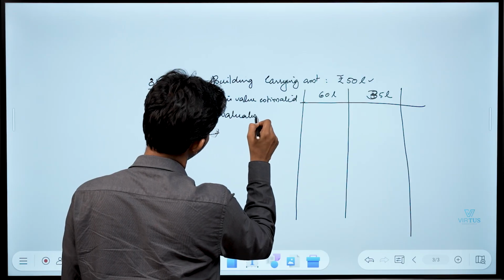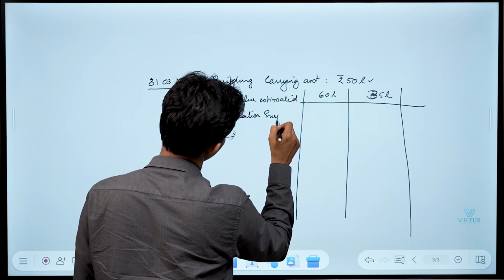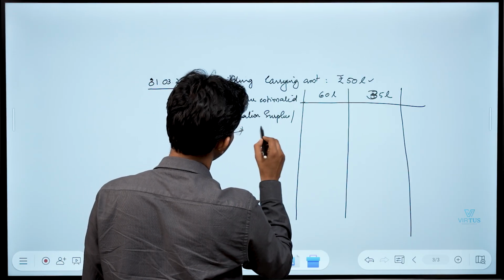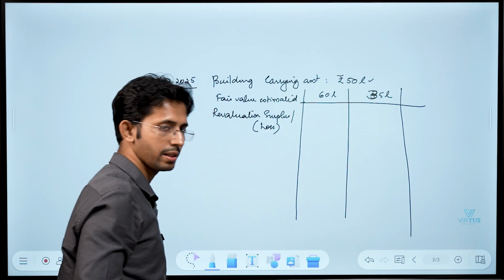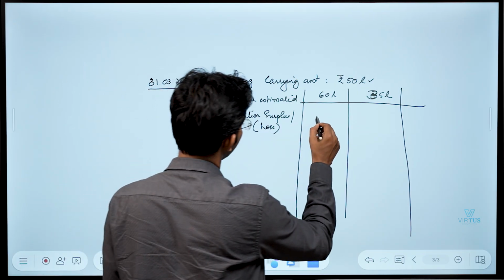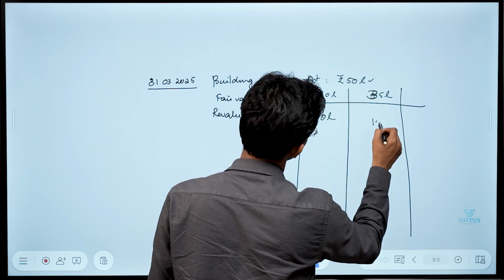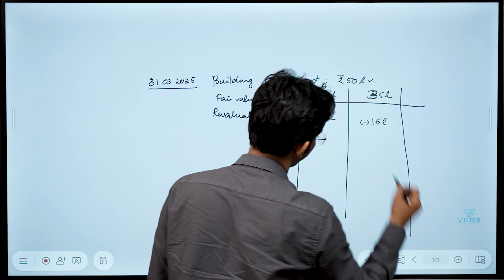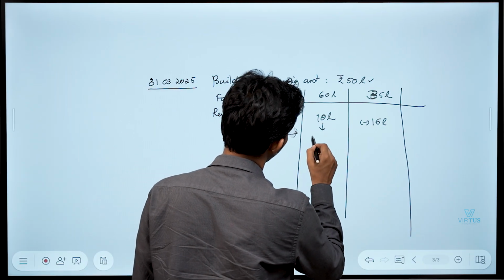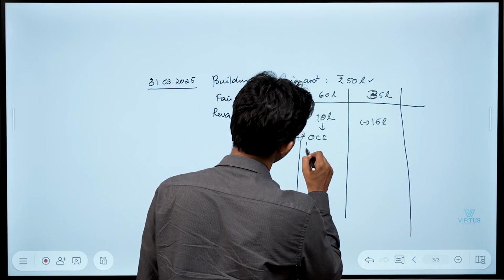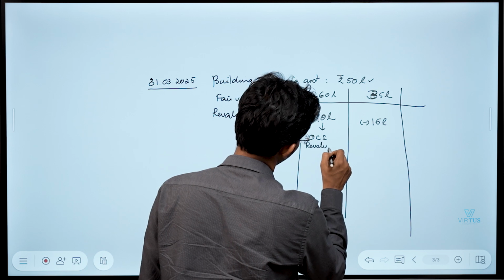Now here it is a revaluation surplus, or you have a revaluation loss or deficit. So here it is 10 lakhs and here it is 15 lakhs negative. What do you do with this 10 lakhs? This is taken to OCI as revaluation surplus.